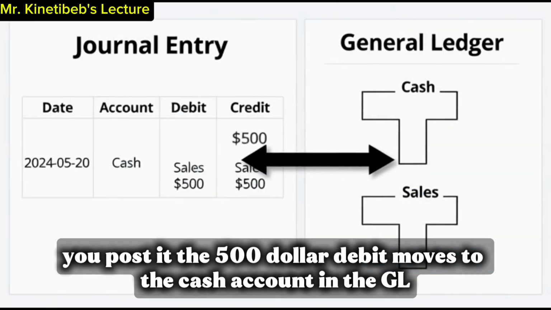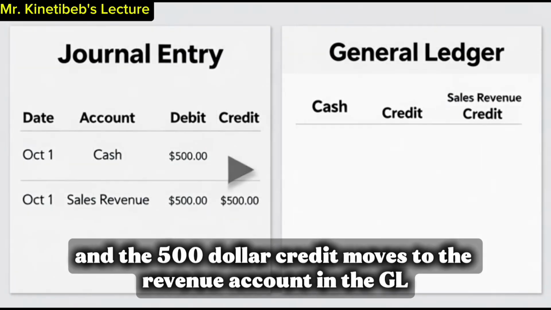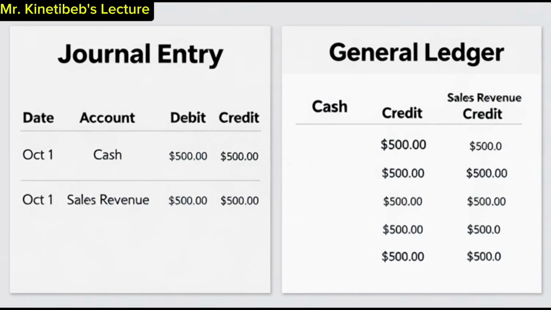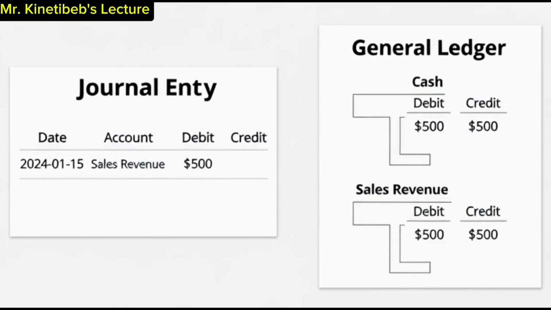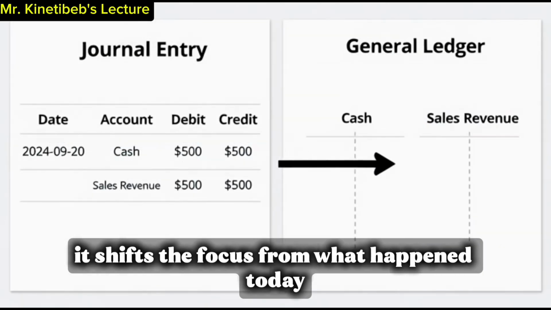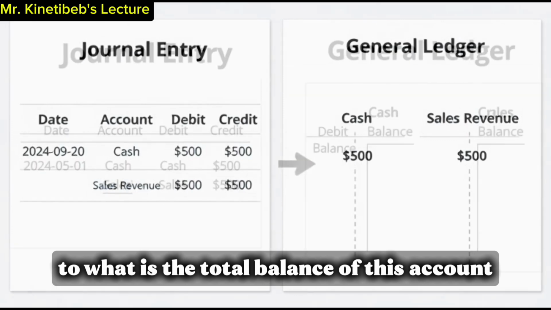The $500 debit moves to the cash account in the GL, and the $500 credit moves to the revenue account in the GL. By posting to the GL, the business updates the balance of those specific categories. It shifts the focus from what happened today to what is the total balance of this account.